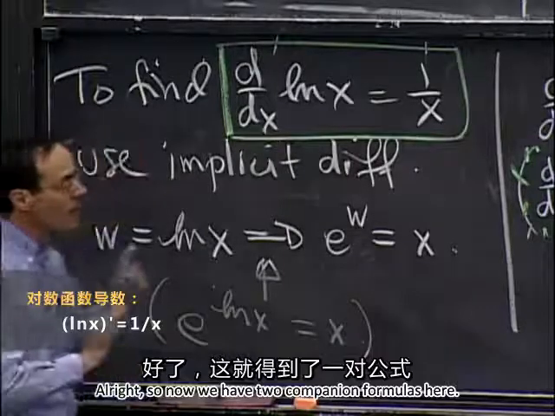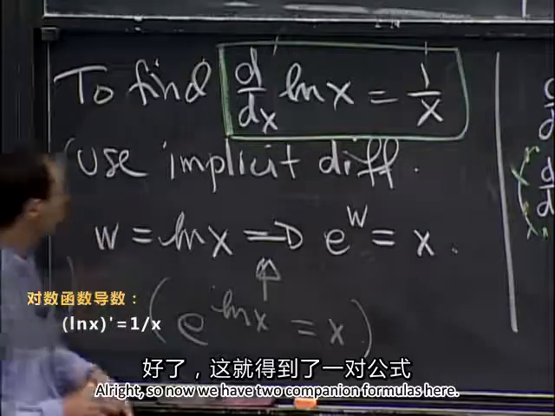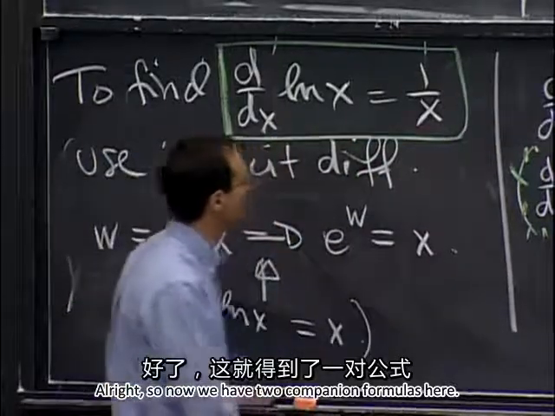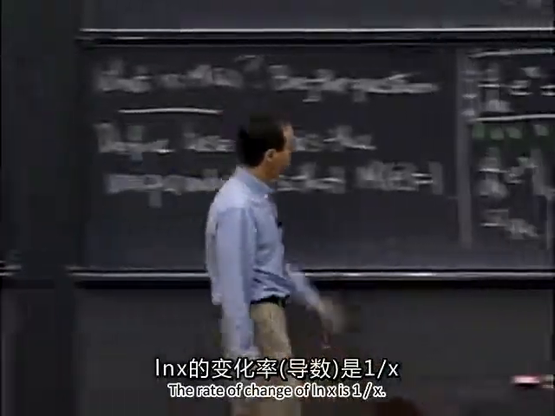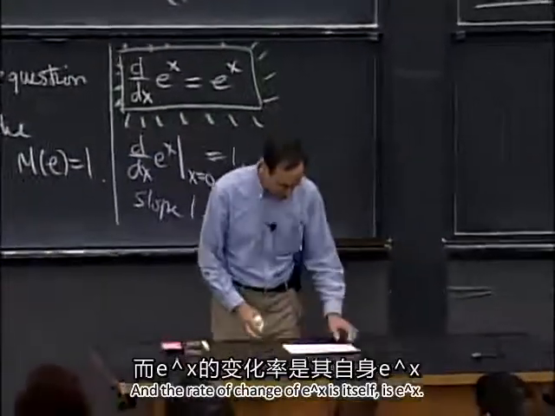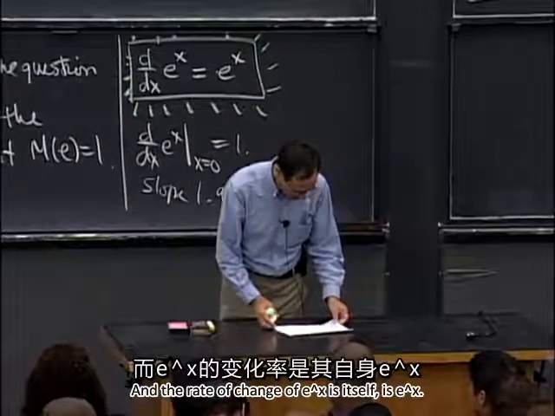So now we have two companion formulas here. The rate of change of log x is 1 over x, and the rate of change of e to the x is itself, e to the x.